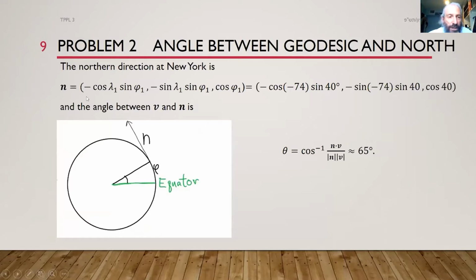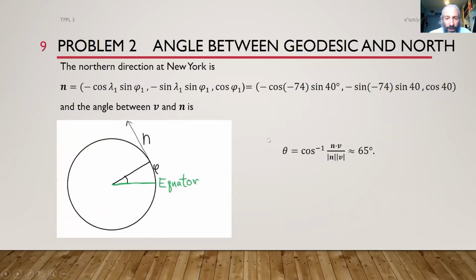So we take a unit vector pointing north at the origin city, in this case, New York. And then the angle is simply, using straightforward linear algebra, that the dot product is the product of the magnitudes times the cosine of the angle between them.